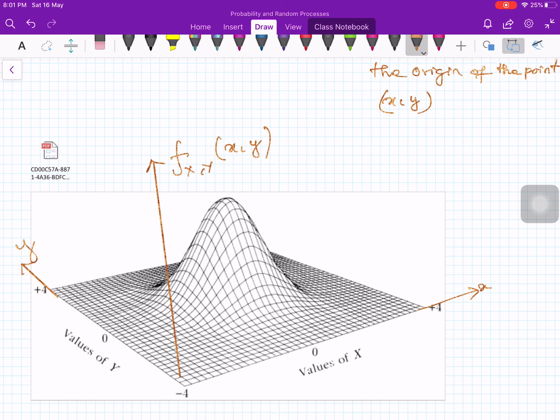Okay, so let us visualize through this picture. This is a picture of one special case. Here, as I said, the variances are equal. So sigma x squared equal to sigma y squared equal to 1. Okay, so that is the kind of shape you will get. So either you move in the x direction or in the y direction, the variance is the same. It looks like a two-dimensional bell. Okay, this diagram looks like a two-dimensional bell.